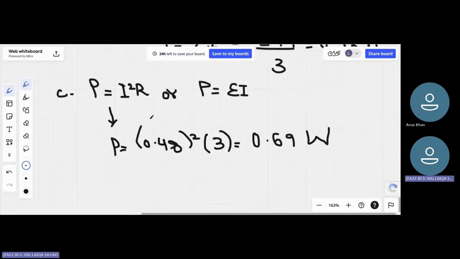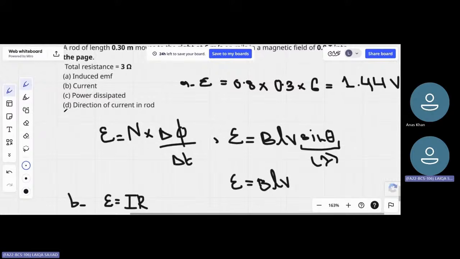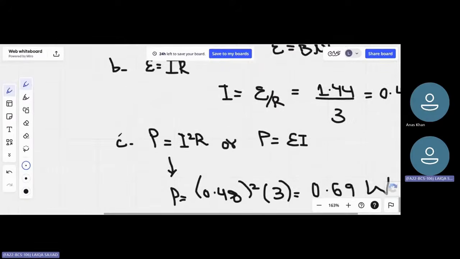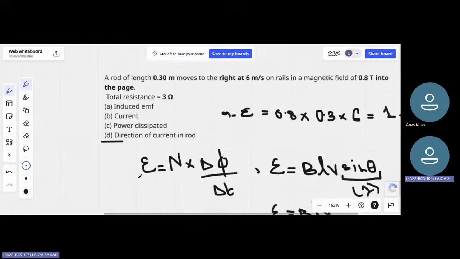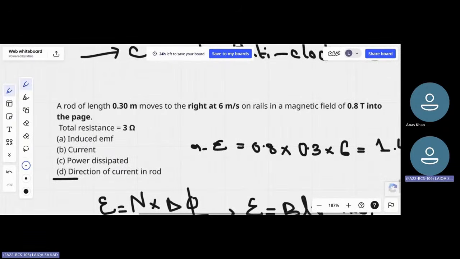Very good. Now in the next part, we have to find the direction of the current in the rod. Moving to the question statement, we are given the direction for the motion. It moves towards the right. We are given the direction for the magnetic field, which is into the page, and we have to find the direction for the current. Which rule will we use?